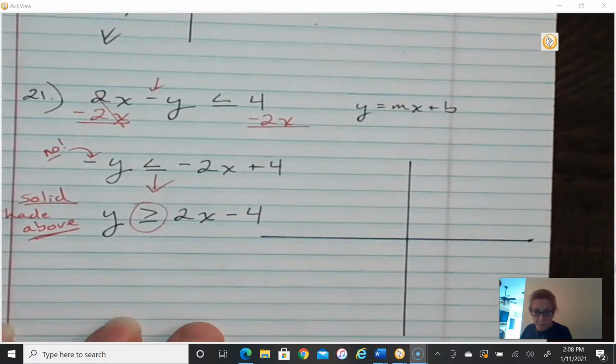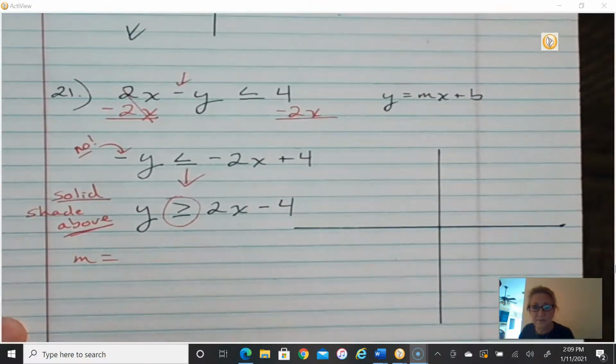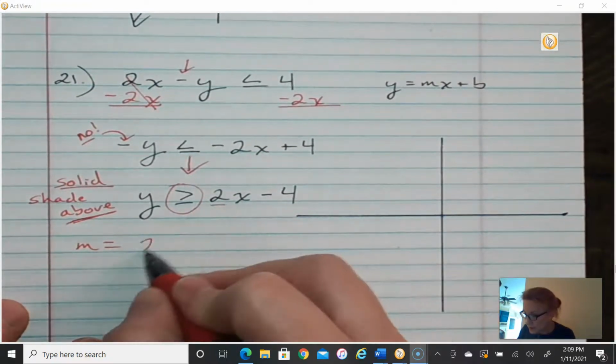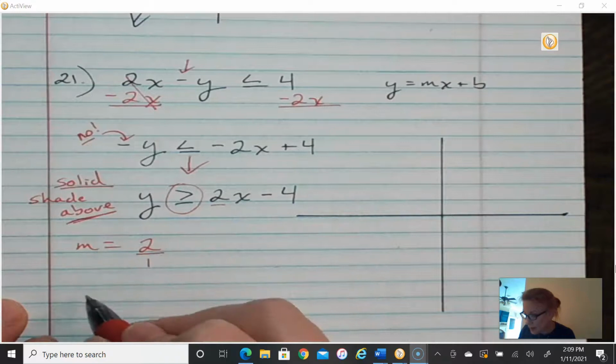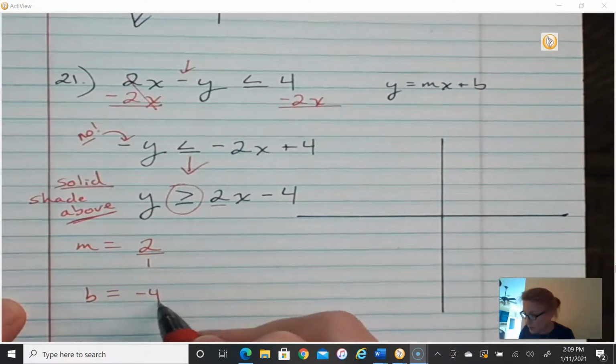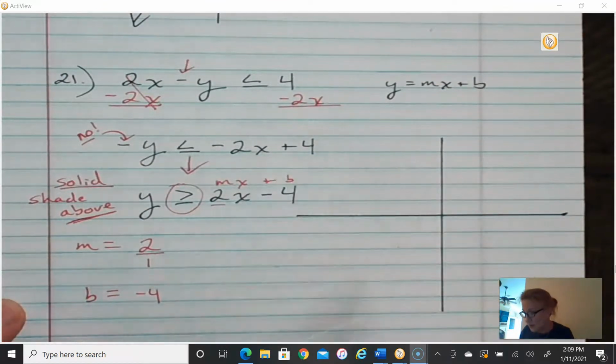Okay. What's my slope? It's right here. 2, or 2 over 1. And your y-intercept is -4. Okay, because that's your mx plus b right there.